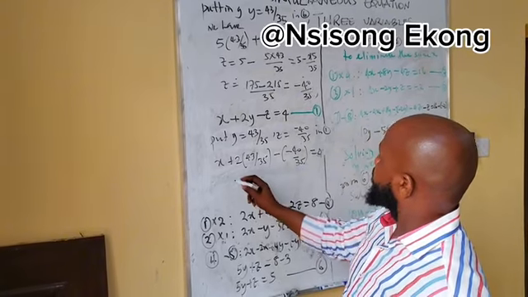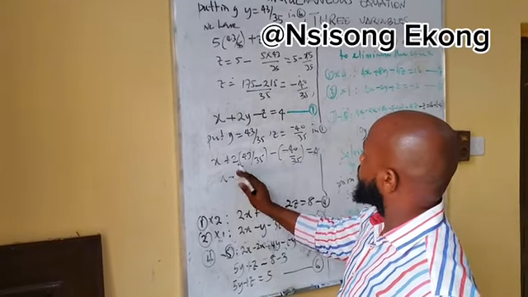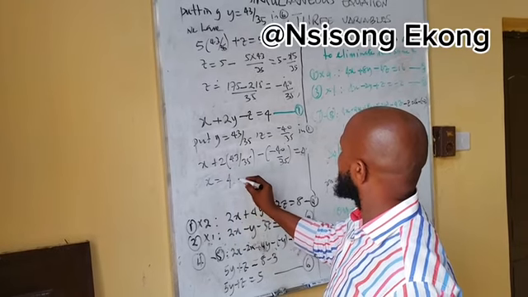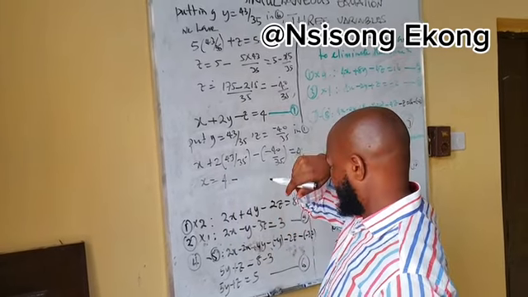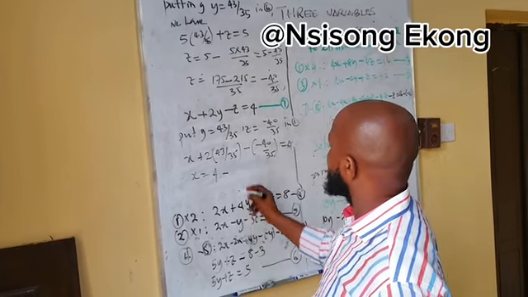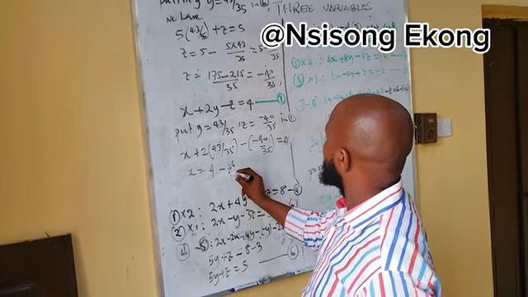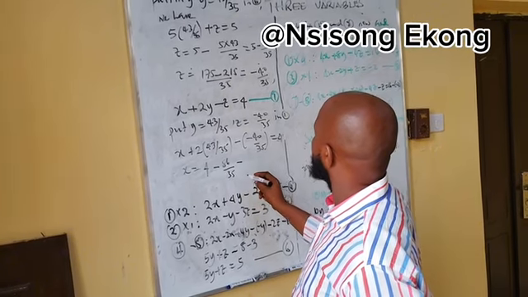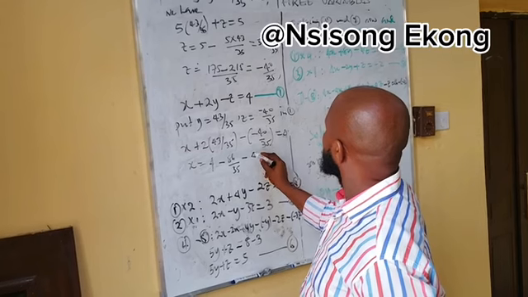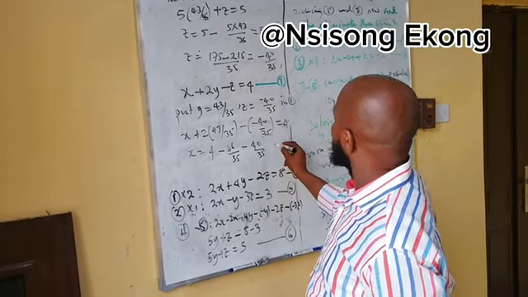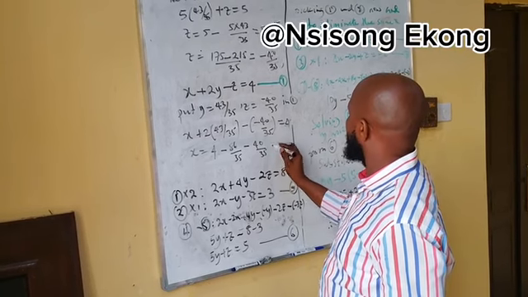Okay? So we have that x equals 4 minus 43 times 2 is 86 over 35 minus 40 over 35. We take the LCM, which is 35 here.